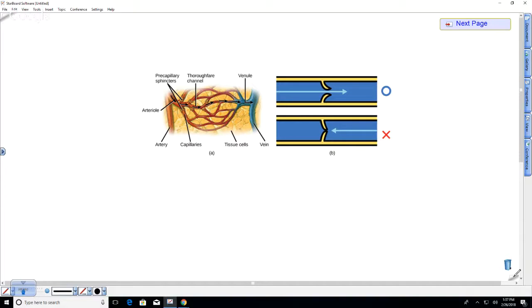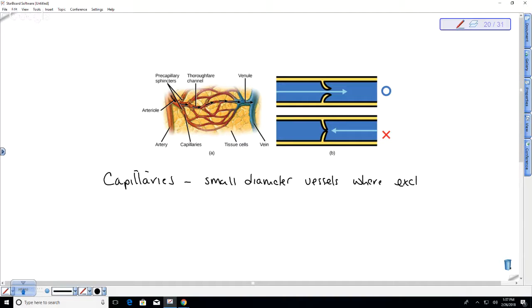Okay. So we're going to talk about capillaries. And these are small diameter vessels where exchange occurs.